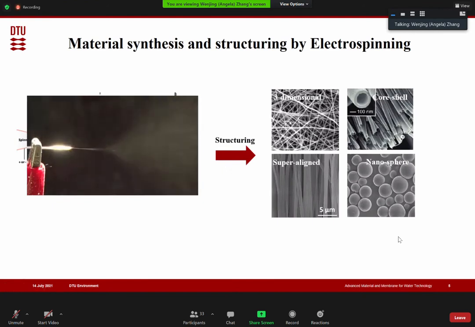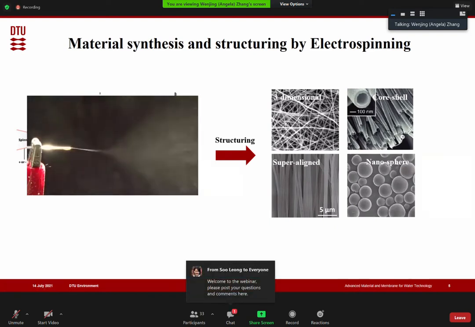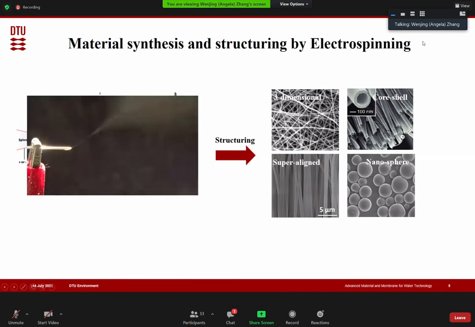For instance, if you play with your substrate, you can have 3-dimensional nanofiber membranes, or you can have super aligned, where you can introduce a preferential orientation of the functionality, like proton conductance or thermal conductivities. You can also create a core-shell structure where you can enhance the surface area, or you can encapsulate the active chemicals inside of a nanosphere. This is more on the microscopic scale to design the structures.